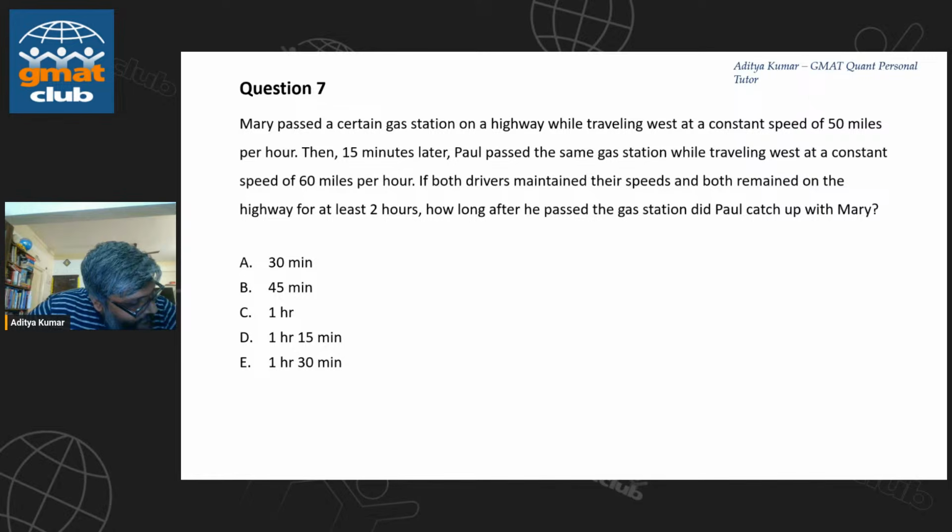Okay, Taibu, if you use algebra, why don't you explore the relative speed process as well?